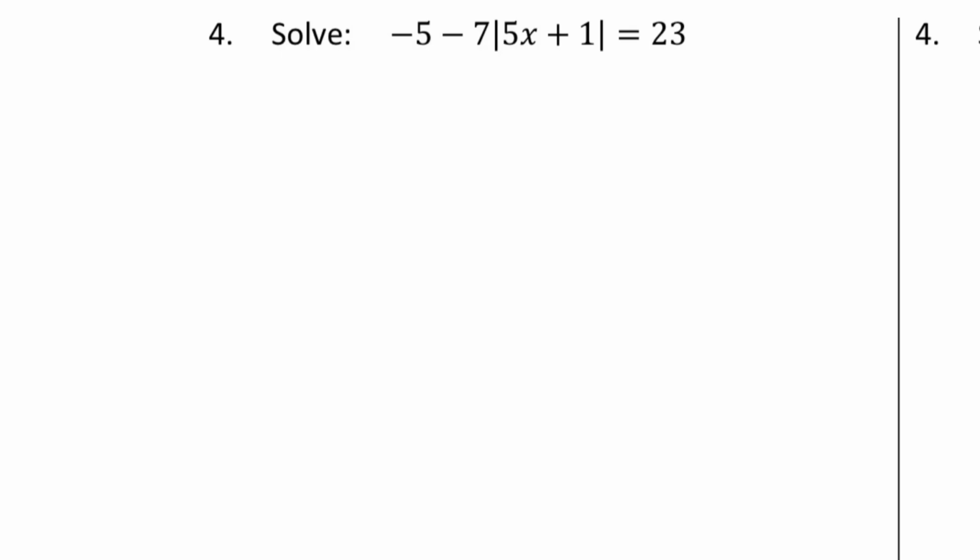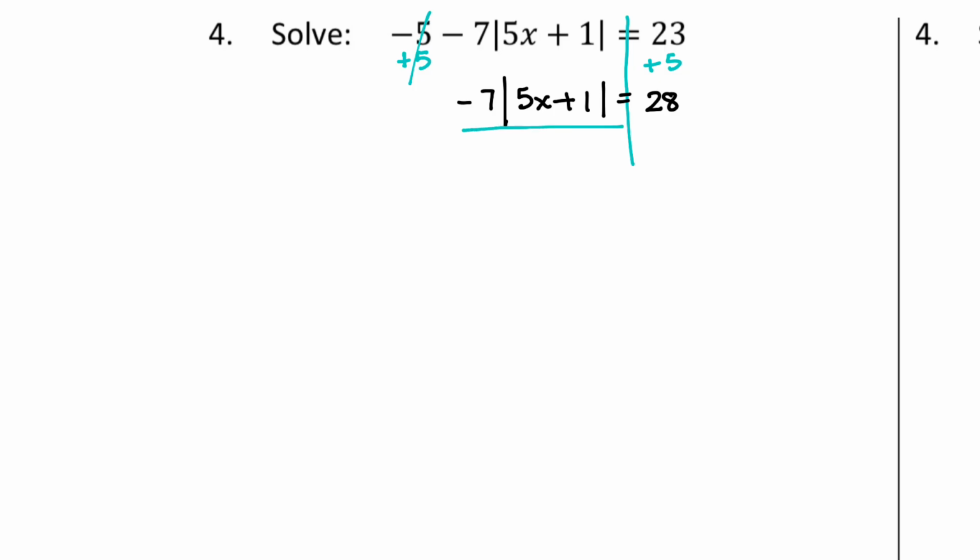Okay, our first step is to isolate. So there's the center. 5 needs to be added to both sides to get rid of the negative 5. So now we have a negative 7 times the absolute value of all of this is equal to 28. Still isolating.